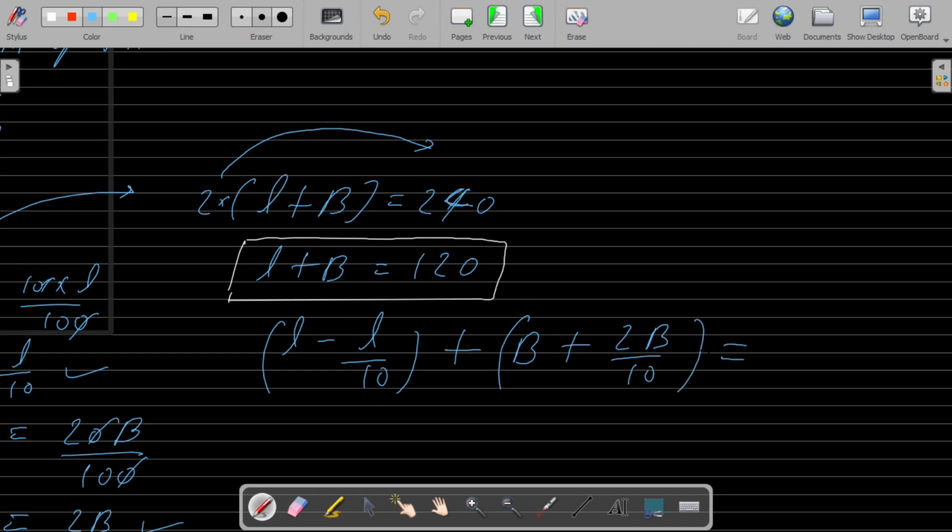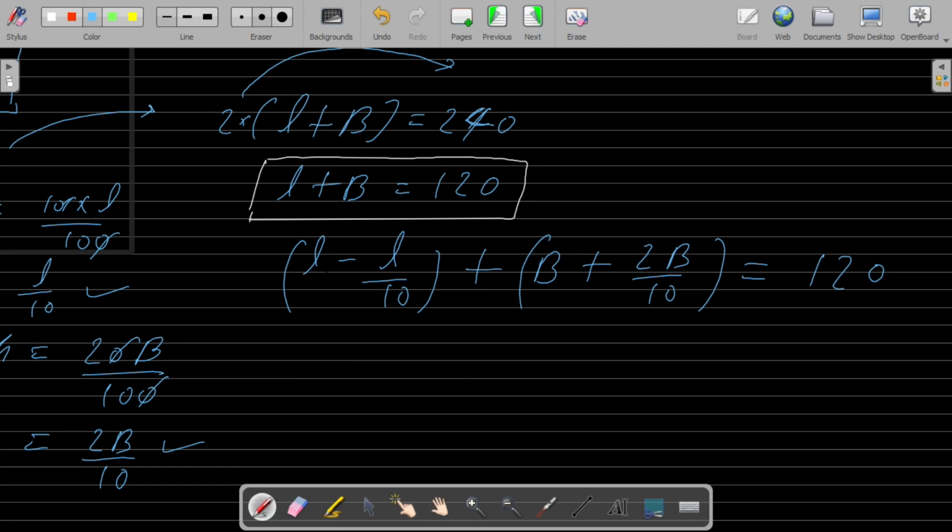So this will be equal to the same thing. It will also get divided by 2 and be converted into 120. So it will be equal to 120 eventually.